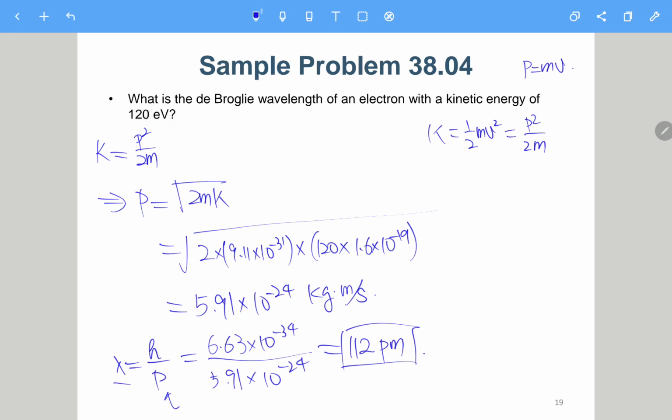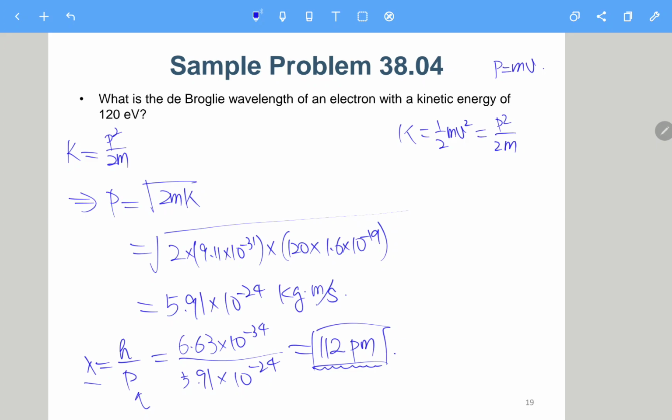In that case, the wavelength for a much larger particle will be much too short to observe. So actually, the easiest way to observe the matter wave is using the electron, because it's almost the lightest particle.